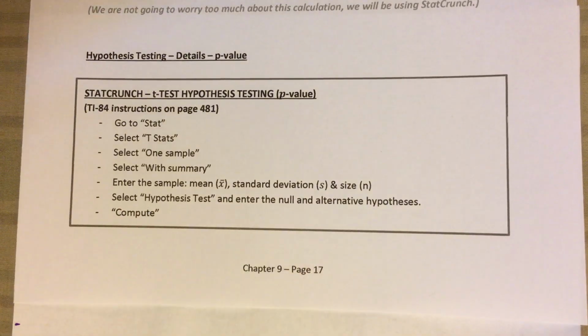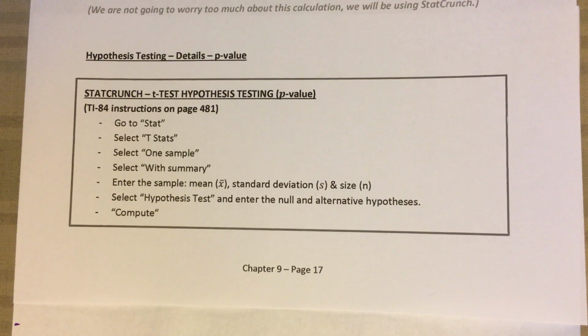All right, so down at the bottom are steps for StatCrunch. Just like we did in section 9.3, we're going to use our t-statistic test for section 9.4. So we're going to go into Stats, we're going to select T Stats, One Sample, With Summary. Right, we're going to enter our mean, our standard deviation, and our size. Select the null hypothesis, enter our null and alternative hypothesis.